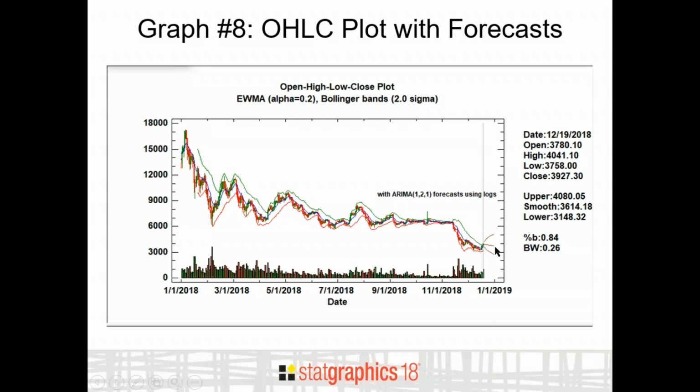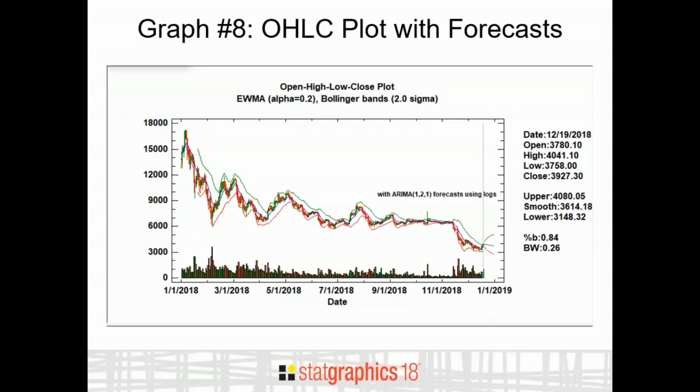However, the forecasting model still sees a predominant downward trend in Bitcoin prices for the rest of the year, although the 95% forecast limits certainly say it could go either way. Slight tendency to go down.